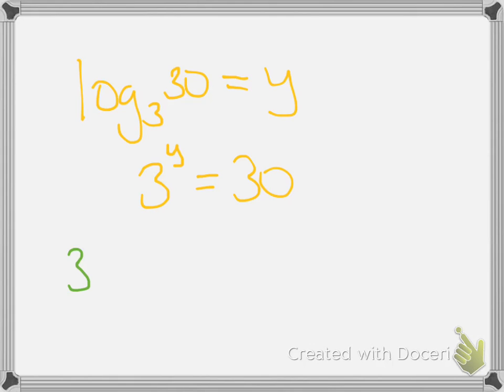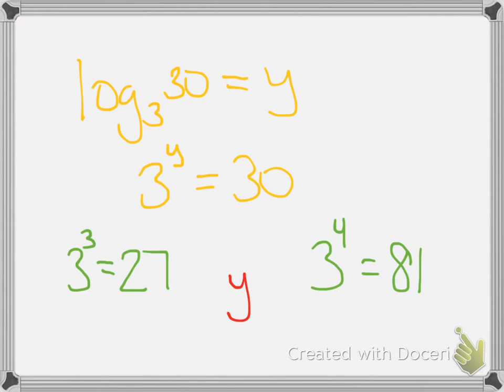If I raise 3 to the third power, I do know that that's 27. I do know that if I raise 3 to the fourth power, I get 81. So the answer for y has to be somewhere between those two values. So y is going to be somewhere between 3 and 4.